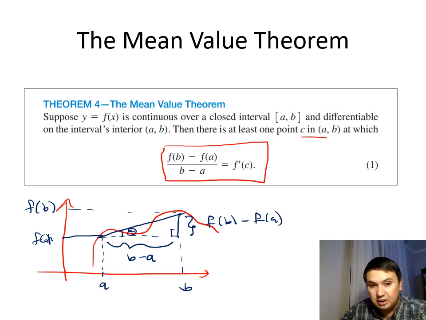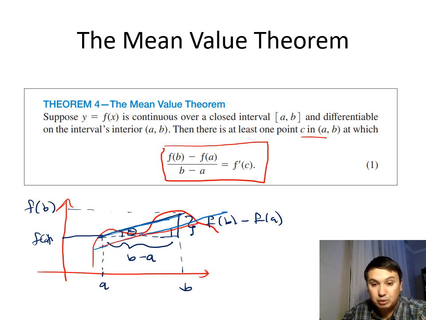The mean value theorem tells us that I can find some place in this graph, somewhere here maybe, where the slope is the same as this secant line, parallel to this line. That's the content of the mean value theorem.